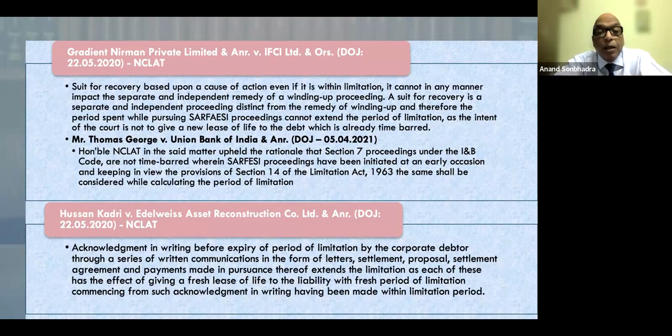Here it is slightly different. What it says is, keeping in view the provision of Section 14 of the Limitation Act, the same shall be considered while calculating the period of limitation.